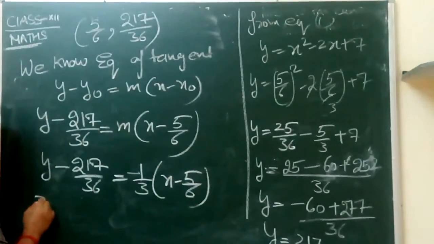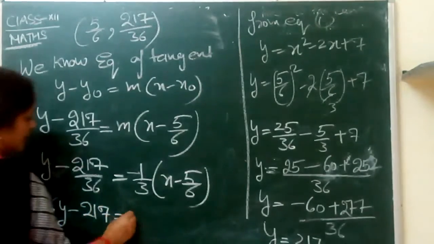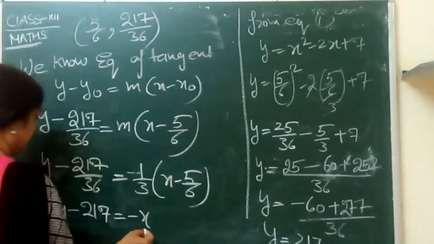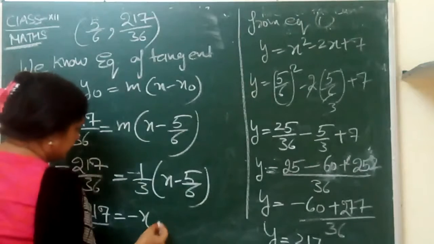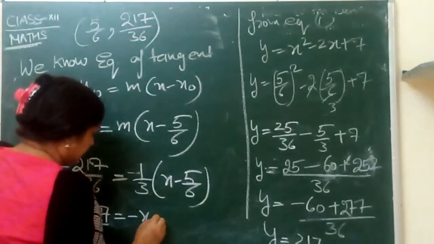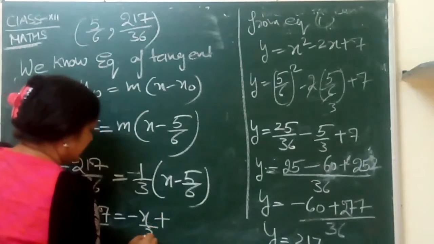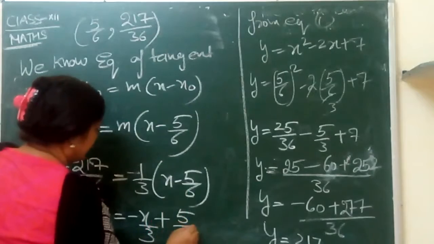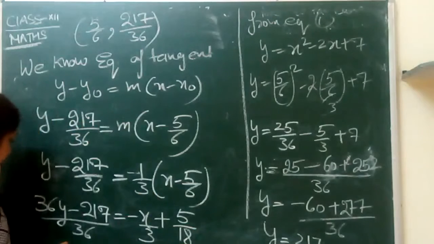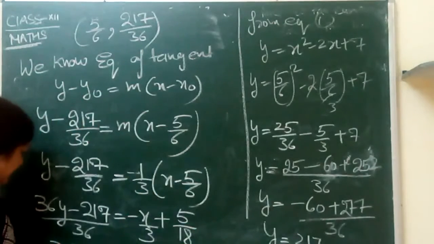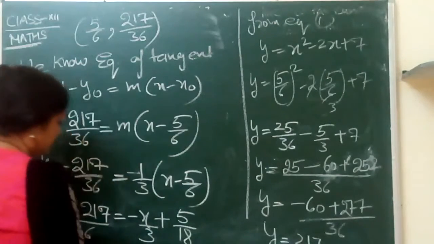Now after that, 36y minus 217 upon 36 is equal to minus x by 3 plus 5 upon 18.